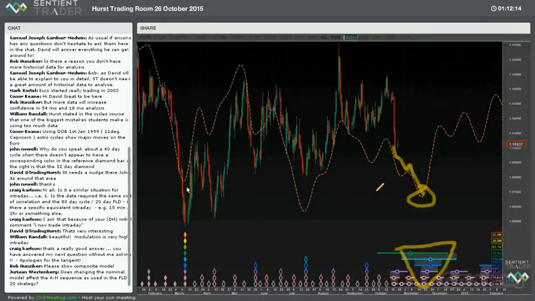Now, what is interesting about this is that the composite model line at the level of the March trough, whatever magnitude trough that was, was at about a level of, what is that, about $1.075 to the euro. And the composite model line is telling us that it is expecting price to drop a little bit below that level. Can you see that?